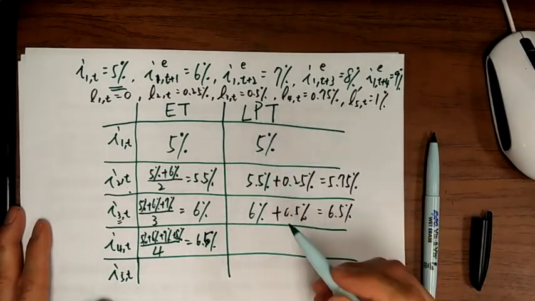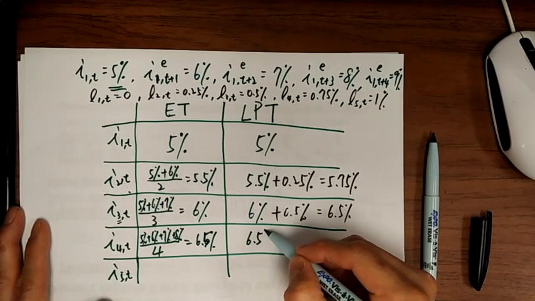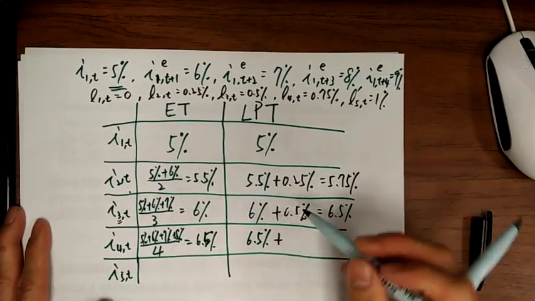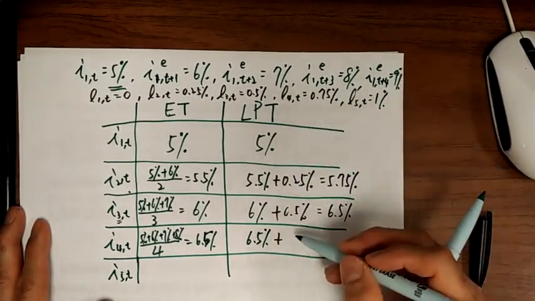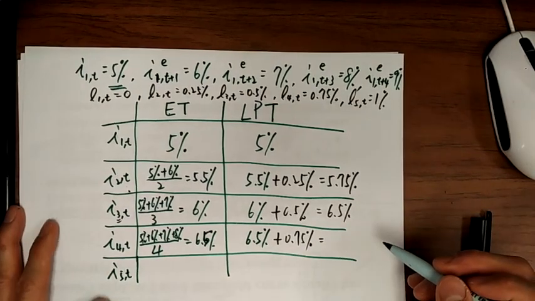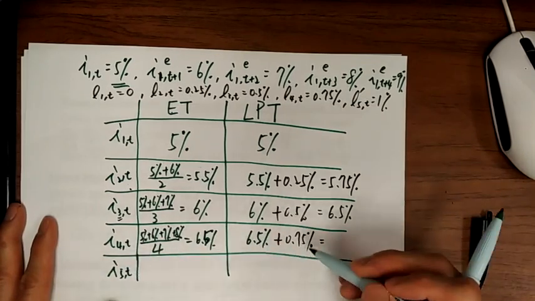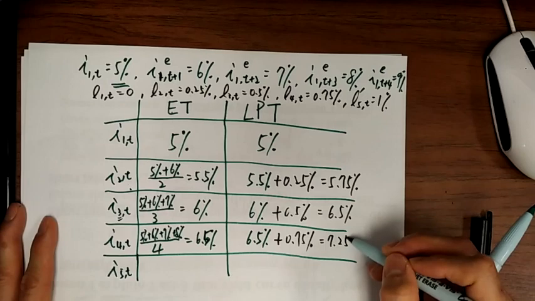And again, liquidity premium theory says, in addition to this 6.5%, you have to add liquidity premium for the 4-year bond, that is 0.75%. So liquidity premium theory says 4-year bond interest rate today should be equal to 7.25%.